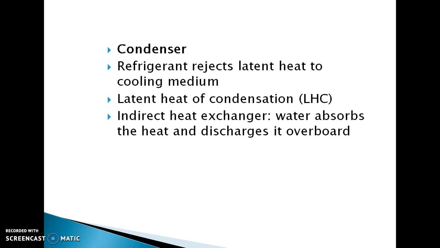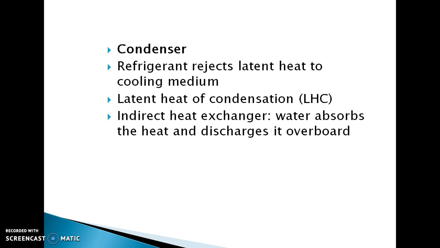The refrigerant from the compressor, which is of high temperature and high pressure, is then sent to a condenser. Condensers are heat exchangers which transfer heat between the refrigerant and a cooling medium like water or air.